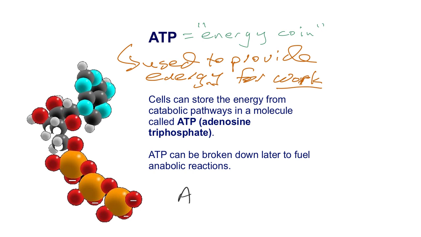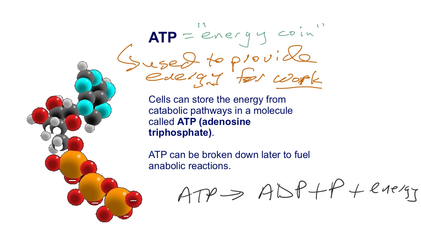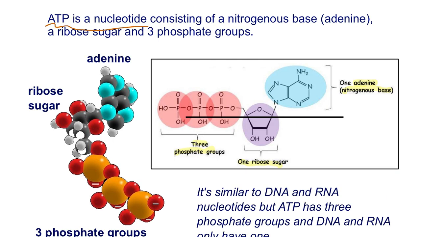The reaction ATP forms ADP plus phosphate plus energy is what runs almost all the endergonic reactions that require energy input. So ATP is like a charged up battery, ready to give off energy when needed. So ATP is adenosine triphosphate.